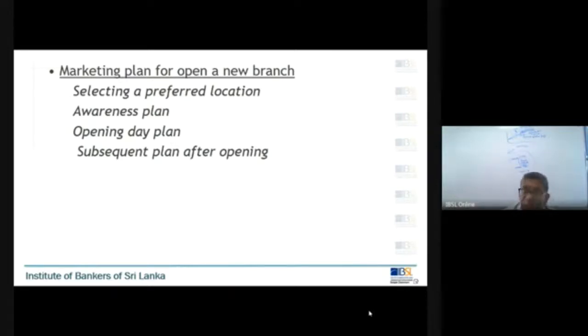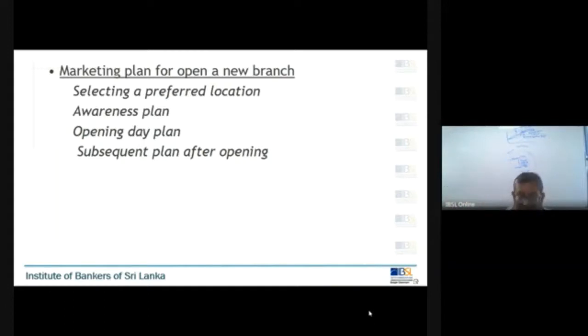In 2022 we are going to open 10 branches. For that, we need to send to the Central Bank supervision department that in 2022 we are going to open 10 branches, preferably in these areas, these towns. That is called the branch rationalization program.